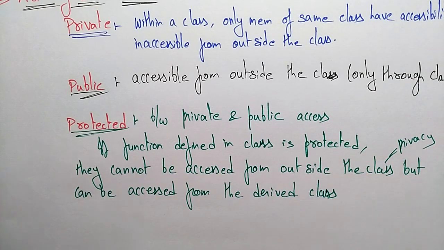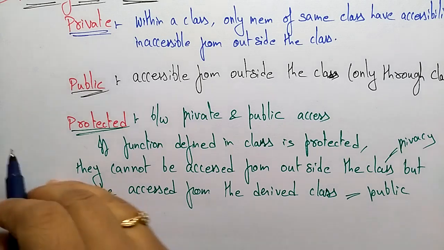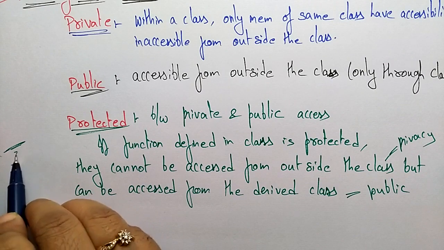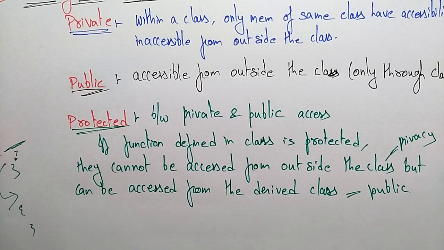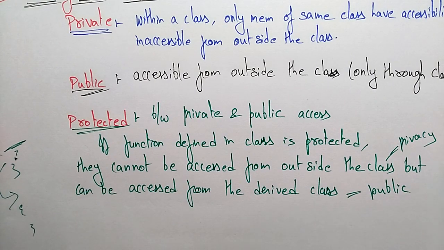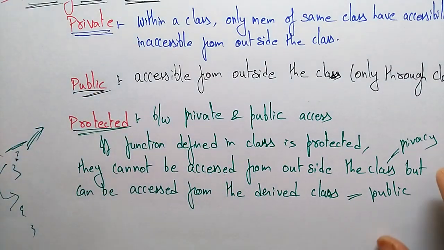The function that is protected can be accessed from the derived class, which is connected to the class where the function is declared as protected. Here it acts as public. So a protected function cannot be accessed from another outside class, but you can access it from the derived class.